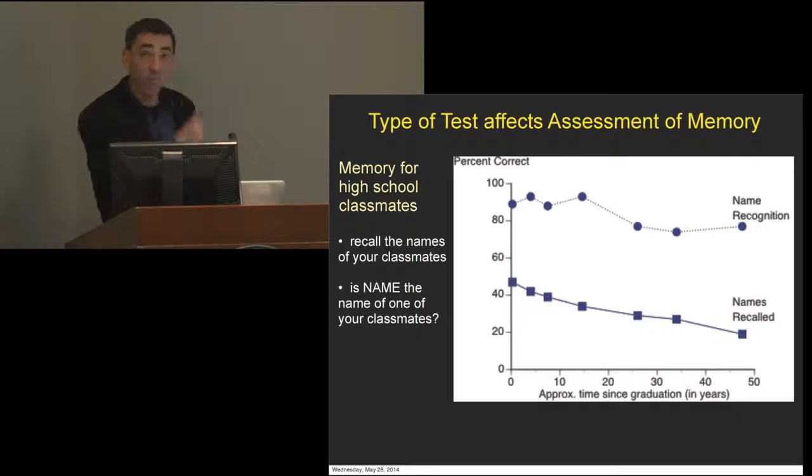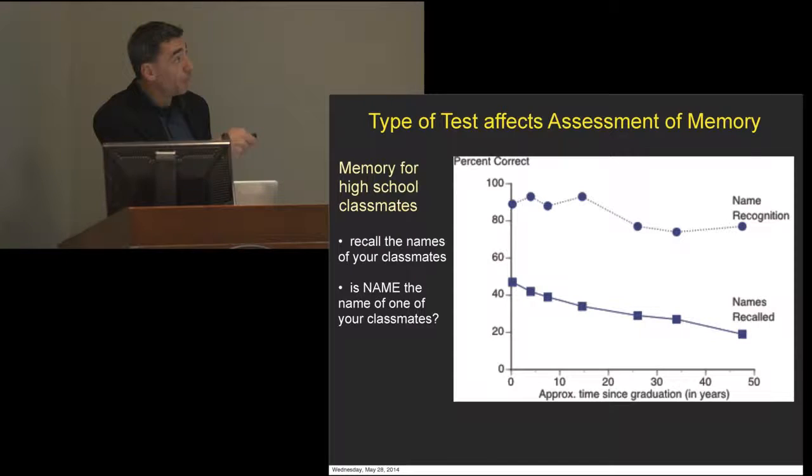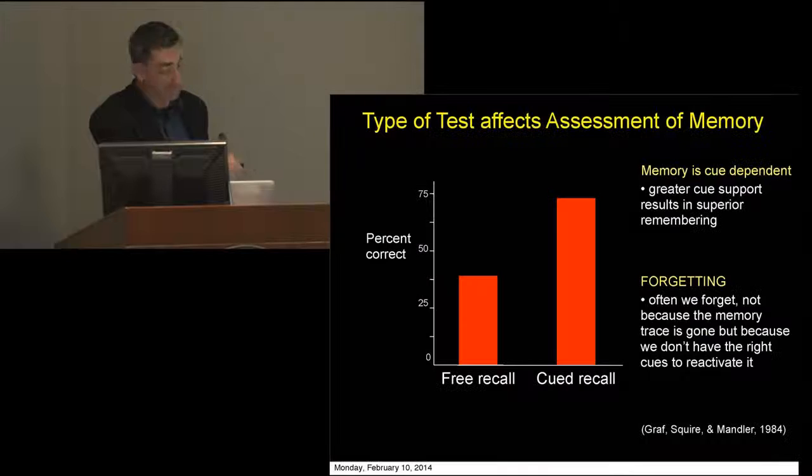Here's a classic study by Harry Bahrick and colleagues where they asked folks to try to free recall all the names of their classmates from high school. Then after they did that, they presented them all the names plus a bunch of foil names, and looked at how well subjects retained this information over 50 years.